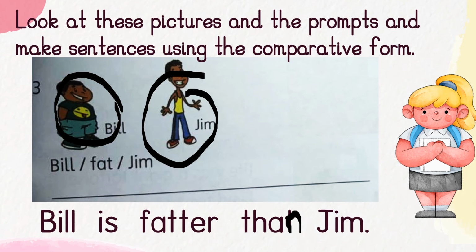So which one is fatter? Obviously is Bill, because Jim is a bit slimmer. Bill is fatter than Jim. You see Bill? We don't use the in front of the name. So Bill is, because only one person, fatter, double T, than Jim.